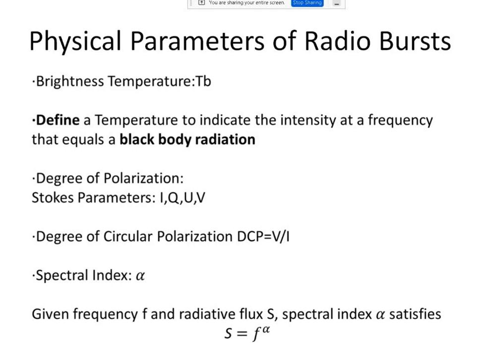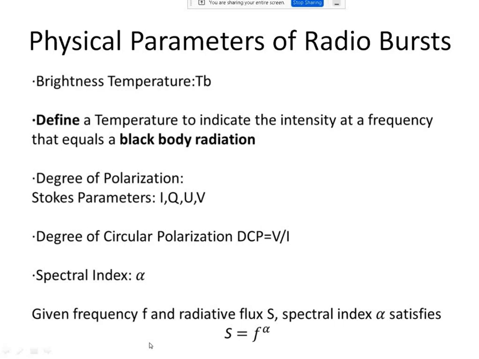We define 4 Stokes parameters, I, Q, U, and V. The general degree of polarization is the square root of Q squared plus U squared plus V squared, over I. But in solar physics, we usually care about the degree of circular polarization, which is only V over I. And then we have the spectral index, alpha.